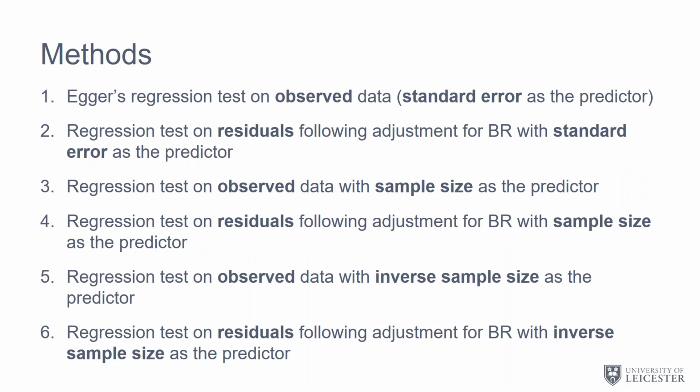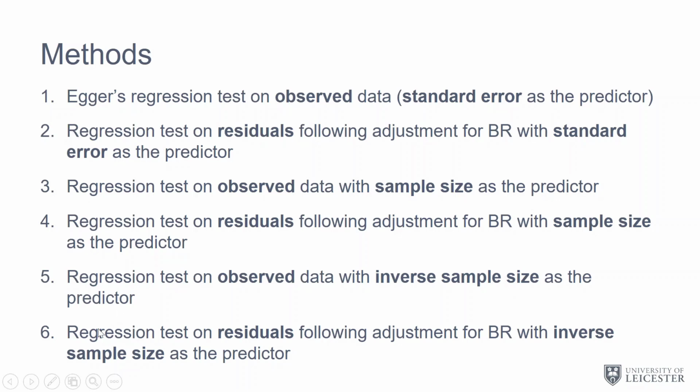We considered 6 methods. So method 1 here is Egger's test, where we do the regression test on the observed data using standard error as the predictor. And in methods 3 and 5, again, we use the observed data, but we look at sample size and inverse sample size as the predictors.